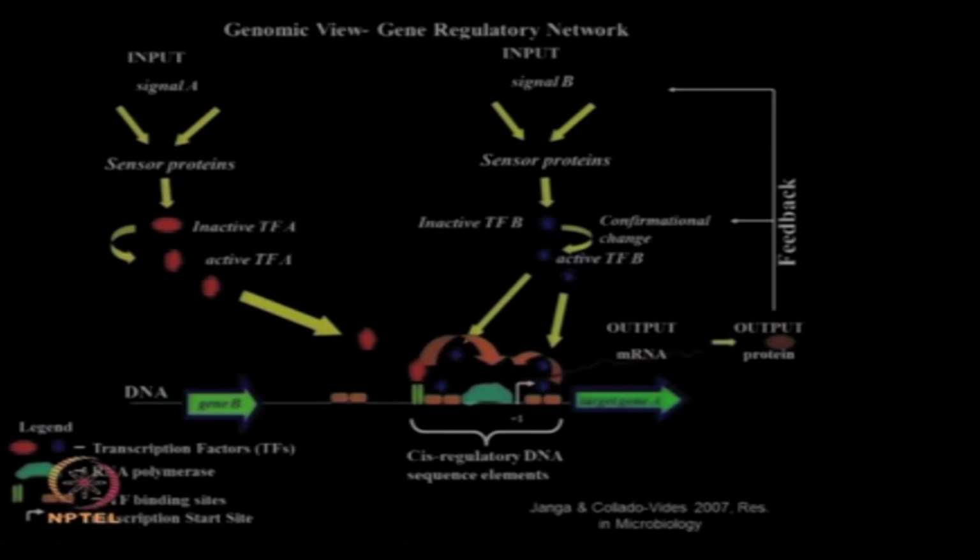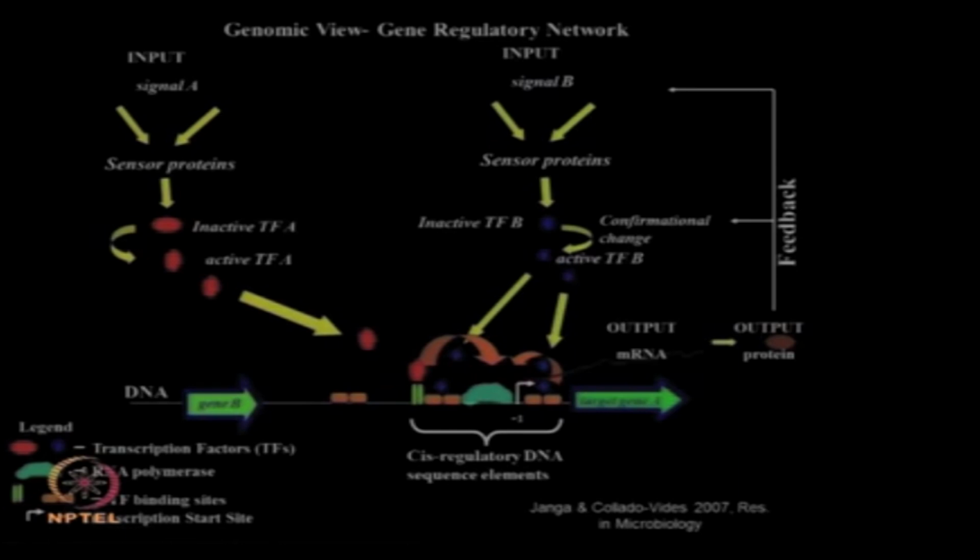What you usually have is a set of signals which are sensed by the cell, and these signals are sensed by sensor proteins. These sensor proteins could be transporters, or this could also be histidine kinases. And once these sensor proteins sense the signals from the exterior or even sometimes interior of the cell, they can cascade the information to transcription factors.